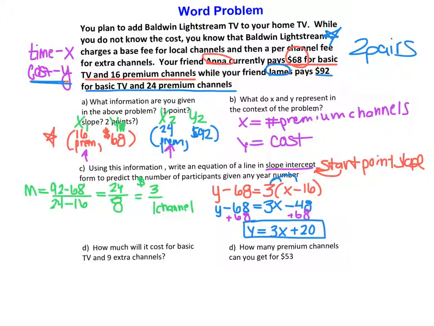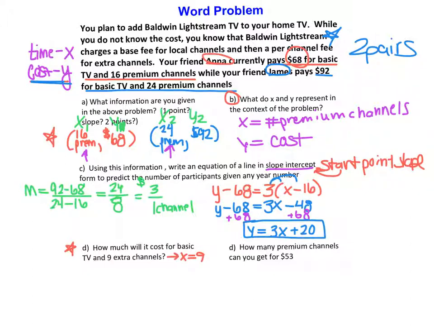Now in parts D and E, I'm actually going to utilize this information to then make predictions. So here in part D, it says how much will it cost for basic TV and 9 extra channels. So I know from looking up above at part B that the number of premium channels is my x variable. So this is telling me that x is equal to 9.